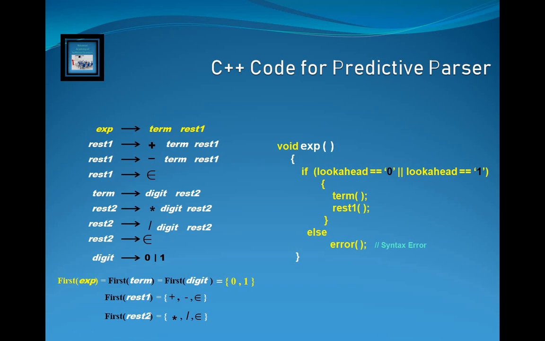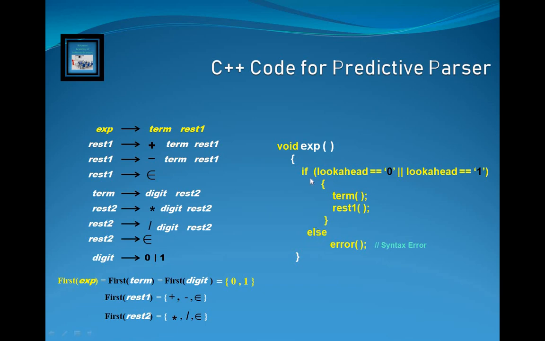If the current input token, the look ahead, is equal to 0 or equal to 1, then there is a possibility that it can be an expression. In that case we are going to implement exp's production. How? The first thing on the right side of the production is term, which is a non-terminal, so we simply call the term function. After that comes another non-terminal, rest1, so we call rest1.